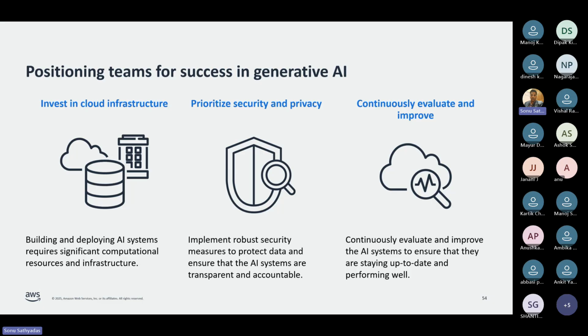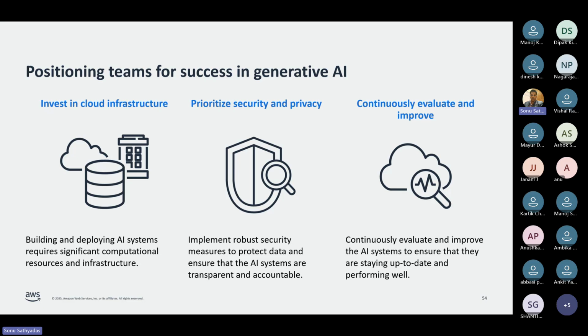So we have to implement security measures to protect the organization's and customers' data. And the AI system should be transparent and accountable: who is providing the data, and what the AI solution is doing with that data. There should be proper guidance on that.